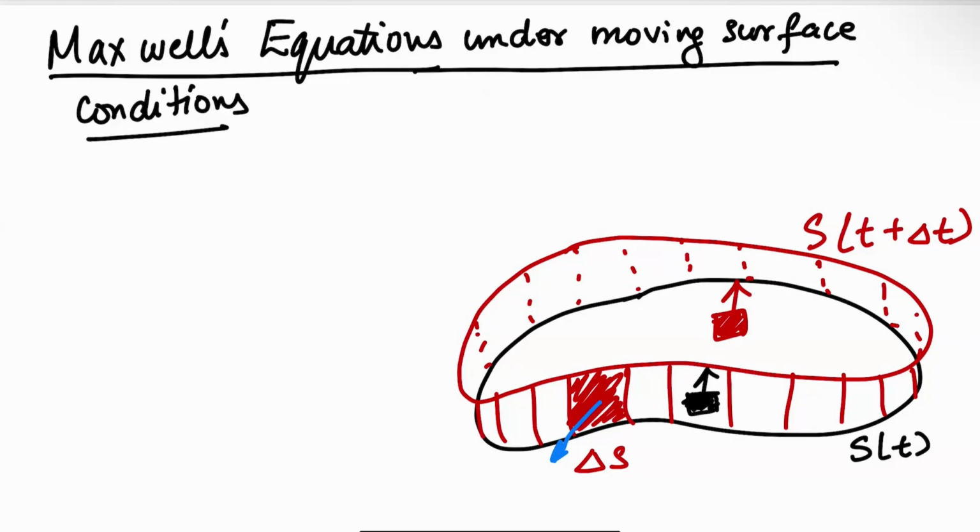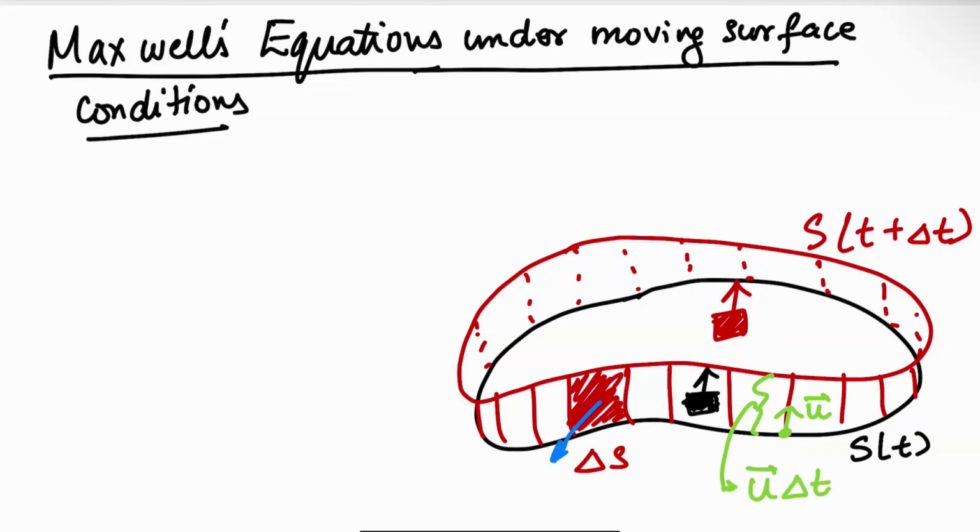Now I can label a couple more things. I can label every point on this surface, let's say it's moving up with some velocity u, it's a vector, right? Then this length is nothing but u times delta t.